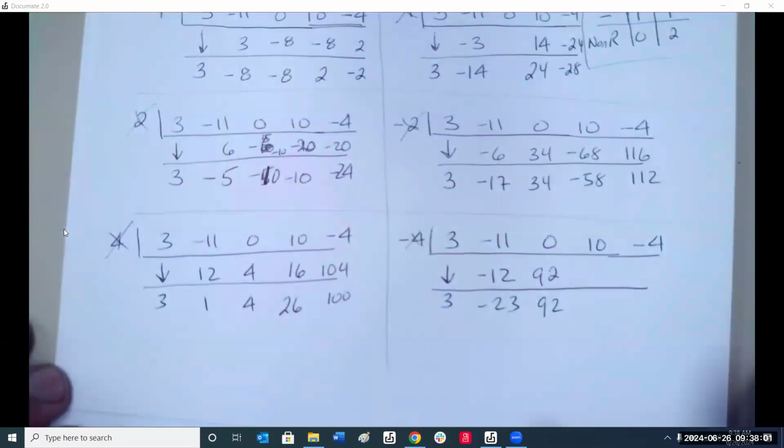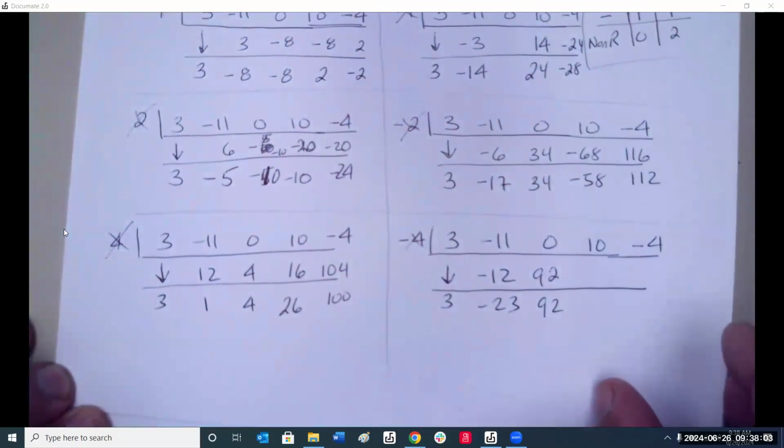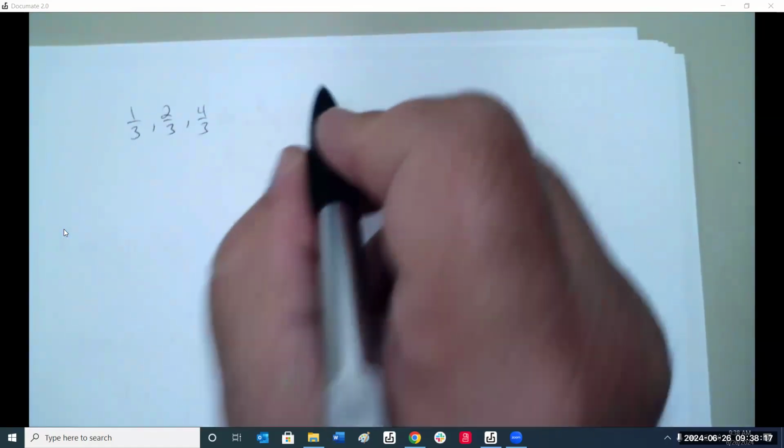So it's not any of the integers. So it's got to be fractions. So we have our fractions 1/3, 2/3, 4/3. And our equation is 3, -11, 0.